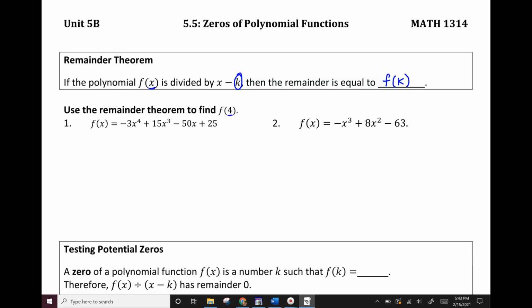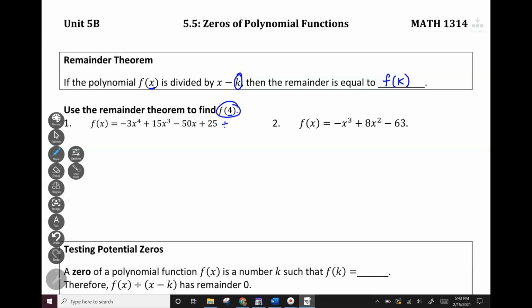All right, let's see. So we just learned that the remainder is equal to whatever you would get when you plug that number in. So use the remainder theorem to find f of 4. So f of 4 is going to be the same thing that we would get if we did this divided by x minus 4.